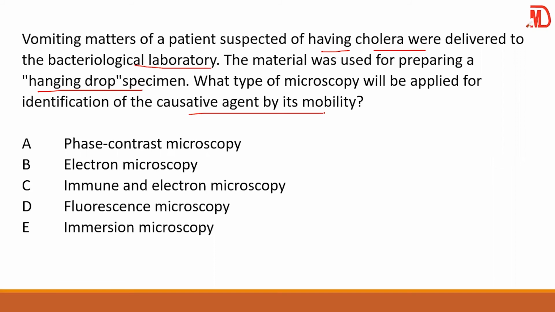So first of all, you know that cholera is caused by Vibrio cholerae, a gram-negative curved, comma-shaped bacterium. In which media does it grow? It grows in alkaline media. Now, how do you screen for the presence of Vibrio cholerae?